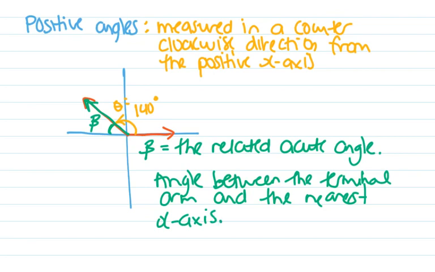So there's only ever a related acute angle in quadrant 2, 3, and 4, because this angle here in quadrant 1 would be the principal angle, right? Because that's the nearest x-axis. So that's the related acute angle. It's kind of messy here, but it says the angle between the terminal arm and the nearest x-axis.